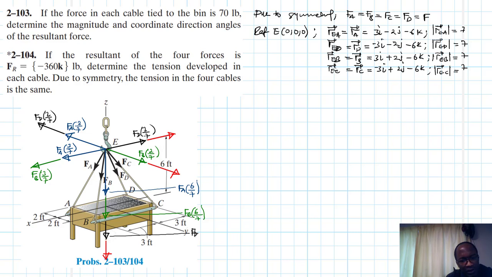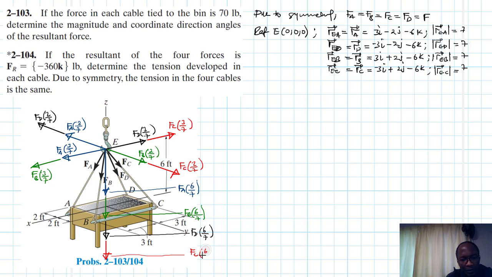This is FD 6 divided by 7. And then we have this one. This is FC 3 divided by 7. This is FC 2 divided by 7. And this is finally FC, I mean 6 divided by 7.